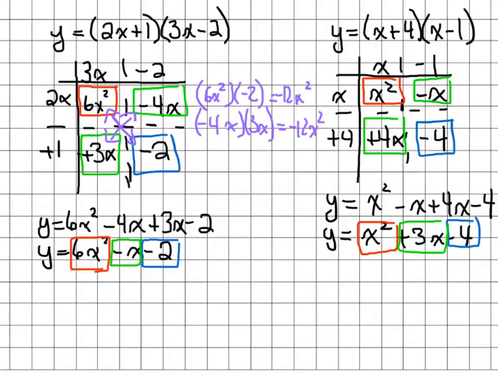So this idea that the boxes on the diagonal will multiply to the same value is a really important pattern, because it's the one we're going to use in a process to work backwards, to go from here all the way up to here.